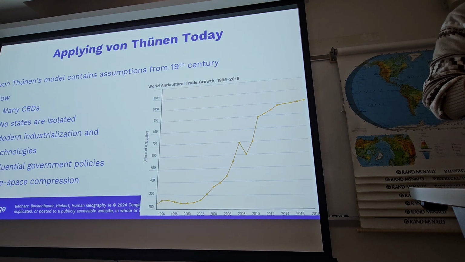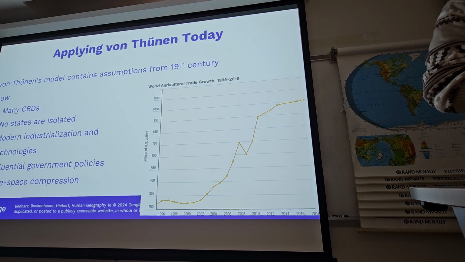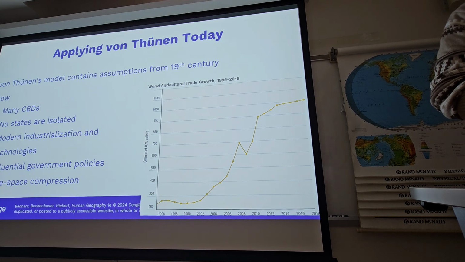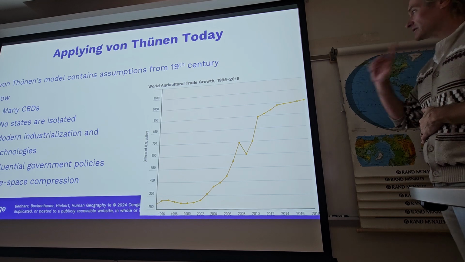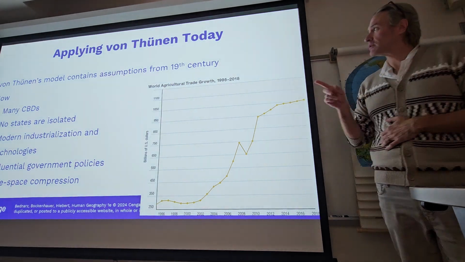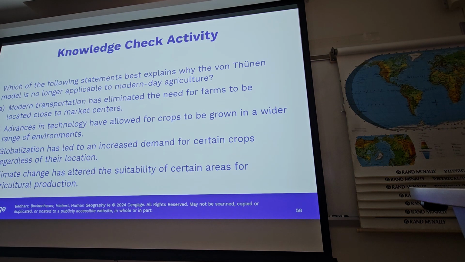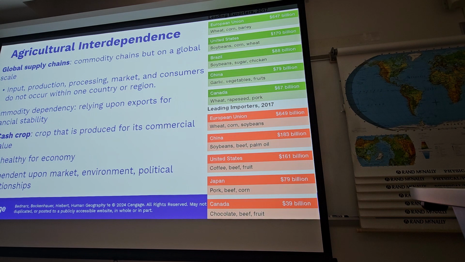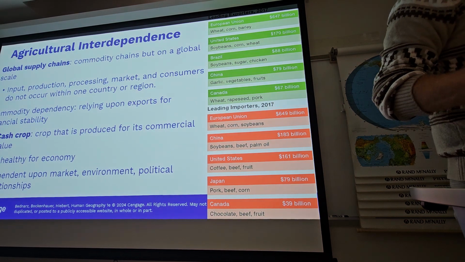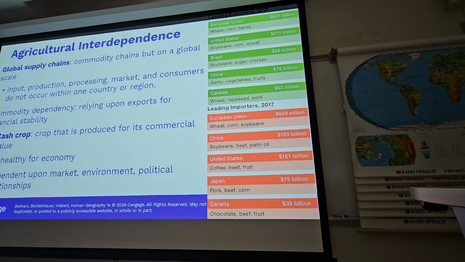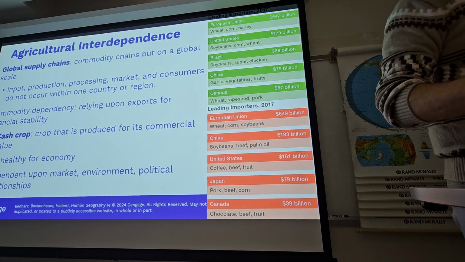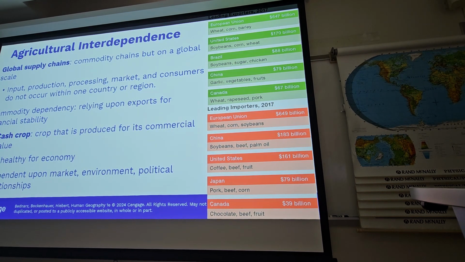World agricultural trade growth, as you can see, has grown a lot. It'd be interesting to get this updated for post-pandemic, but this is all the data they got. Agricultural interdependence. As I mentioned, there are still large international commodity chains for lots of the agriculture that is produced and consumed.